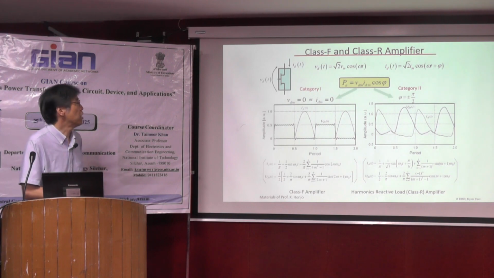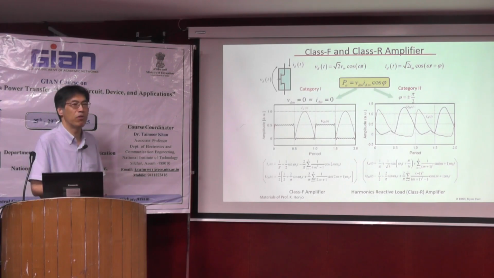This is a waveform of class F and class R. This is a class F and this is a class R amplifier. This is a very beautiful class F waveform.